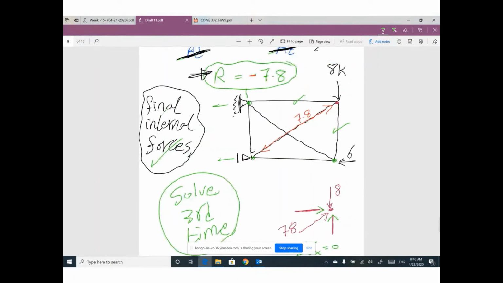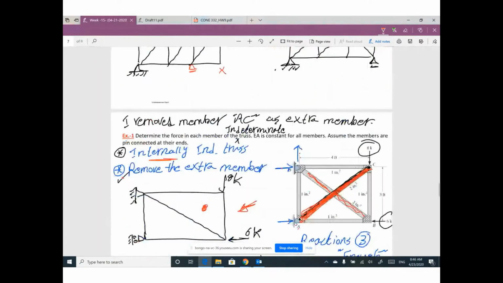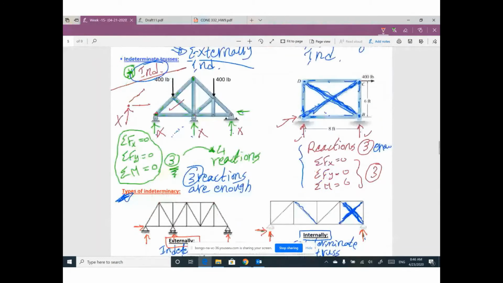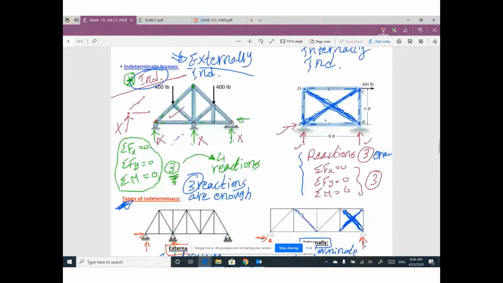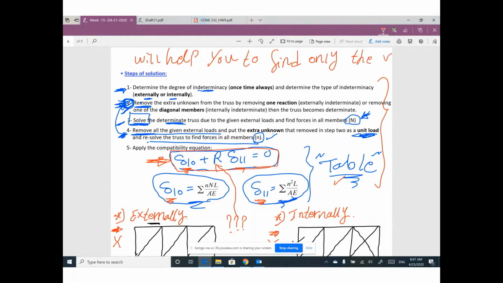So I would like to confirm something. This method, which is called the consistent deformation method, only will help you to find the value of the extra unknown.